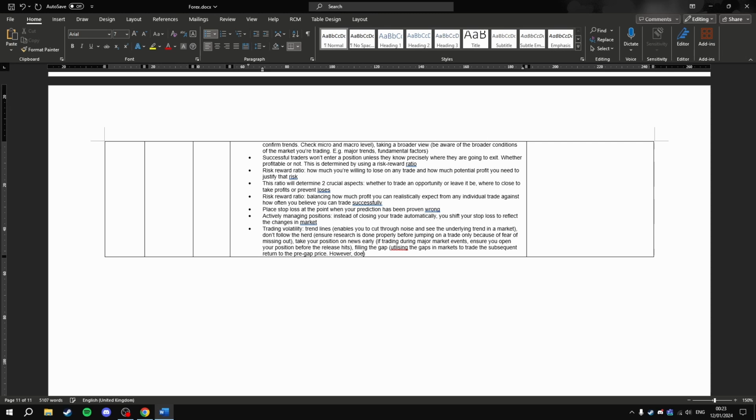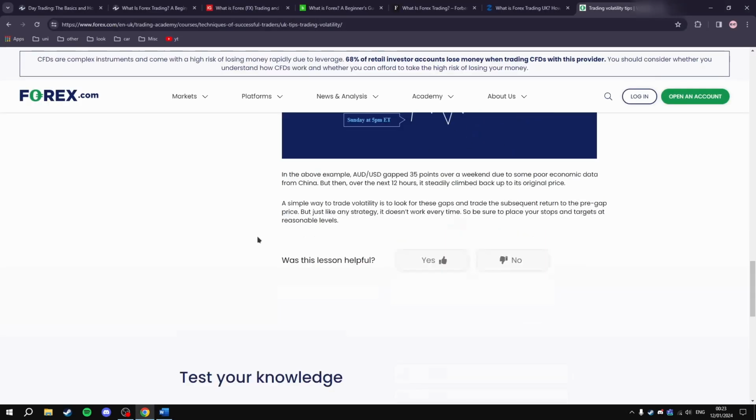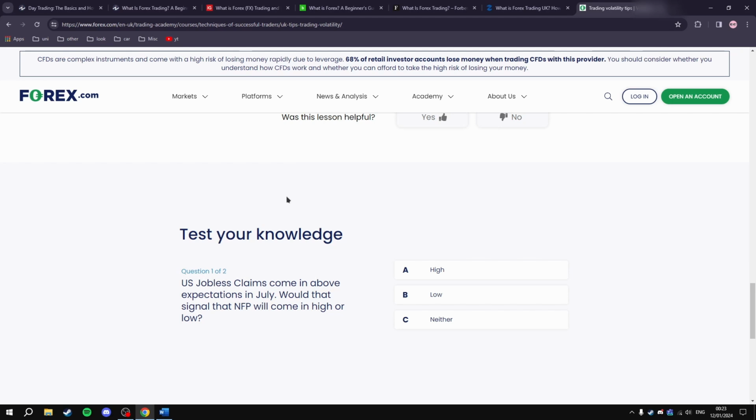However, it doesn't work every time. If US jobless claims come in above expectations in July, would that signal that NFP will come in high or low? What does NFP stand for?